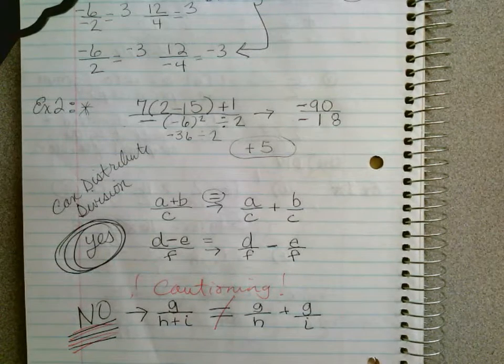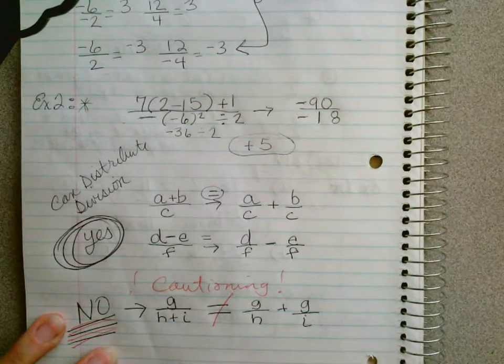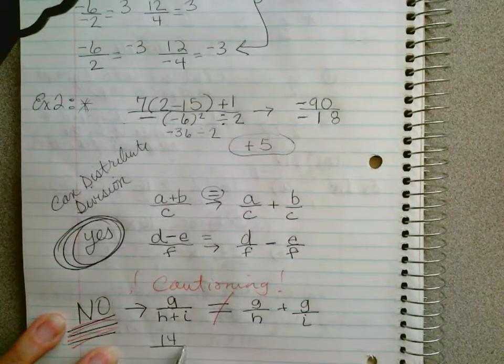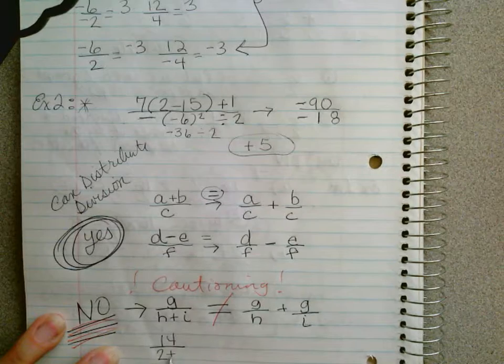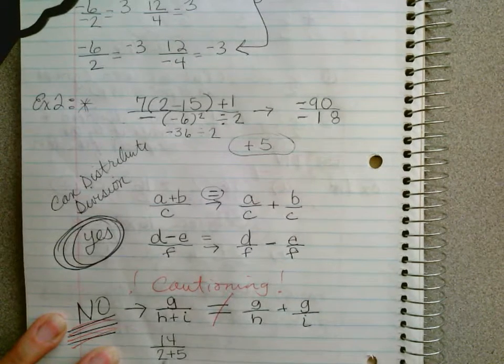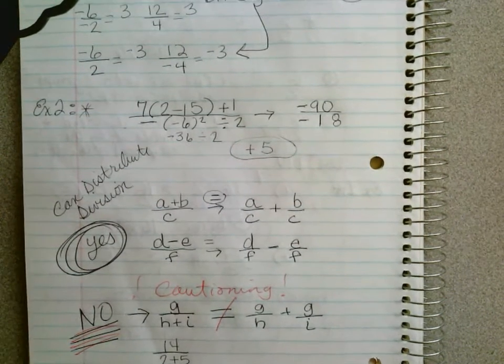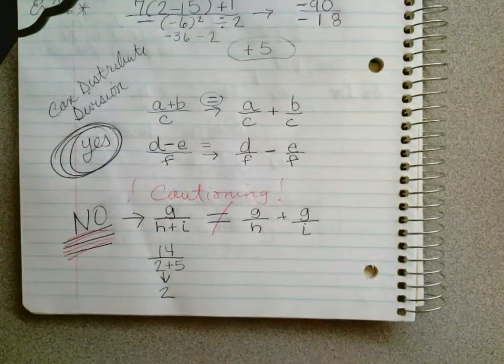And you can actually see it if you fill in some numeric values. Like let's just say 14 divided by 2 plus 5. Okay, you all know the answer would be 2 because it's 14 divided by 7, right?